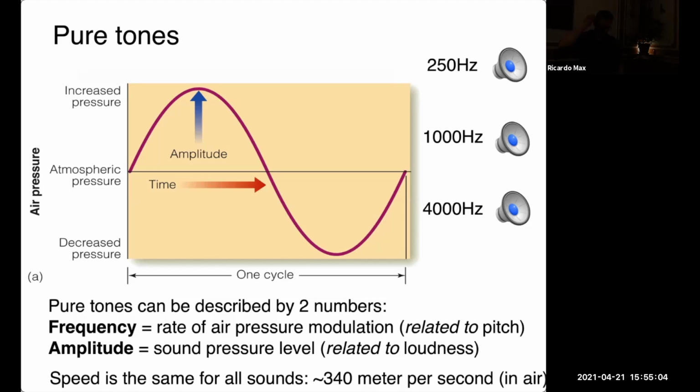So these are pure sounds, pure tones. For the musicians among you, how do you call it? The pitchfork? Yes. When you give a strike to the pitchfork, it emits a sound closer to a pure tone.